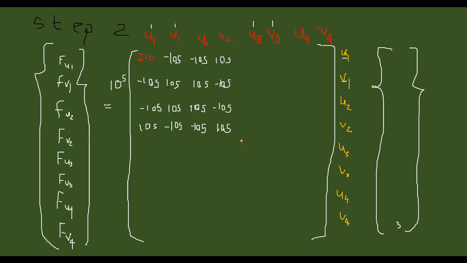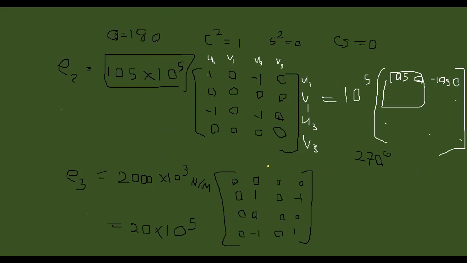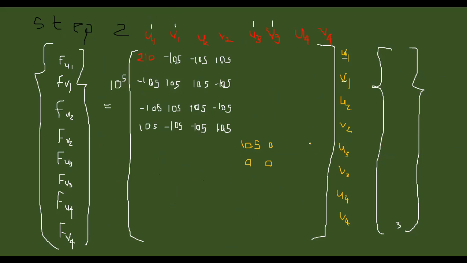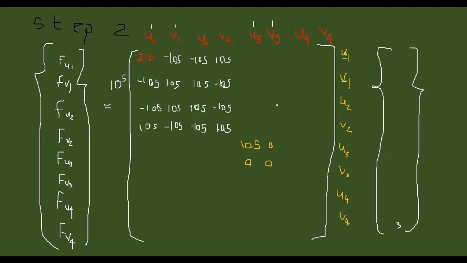Okay, so this is 105, and this is also 0, 0, and this was 0, as I remember. Okay, those 4 elements are fine now. For the upper triangle, this was u3 v3 and u1 v1, so that means u3 v3 with u1 v1, and it is going to be here, right?